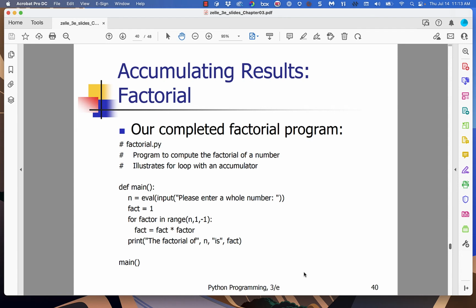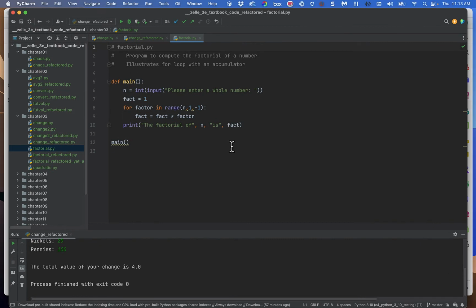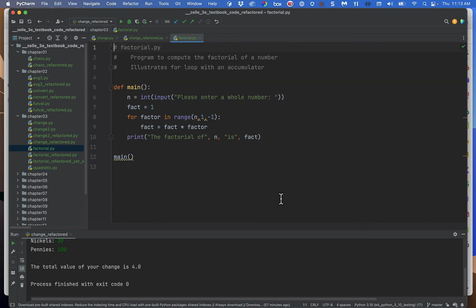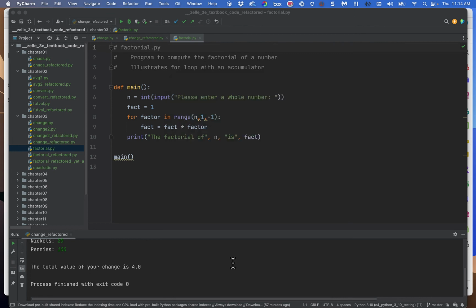So he shows us our completed factorial program. Okay. And again, I'll bring over the PyCharm version. And this is the code from the book. And again, the book has some problems in formatting.